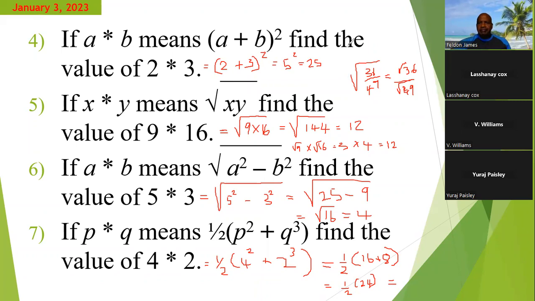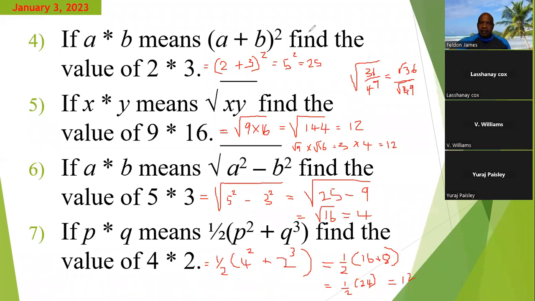Check your answer again. Let's check the cancellation part that you did. Half times 24 gives you what? Sir, half times 24 would then give me 12, sir. So the answer will be 12. All right. Yes, sir. There you go.